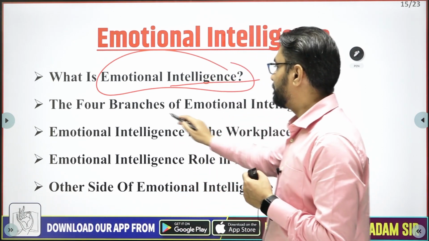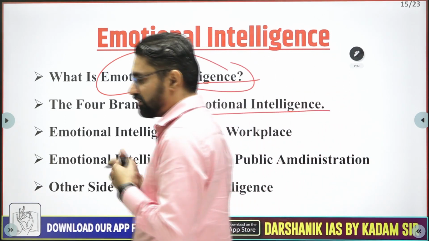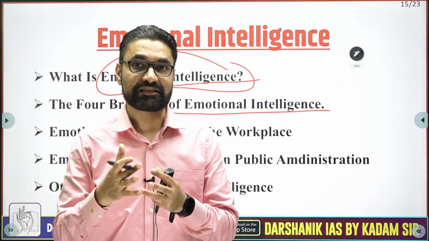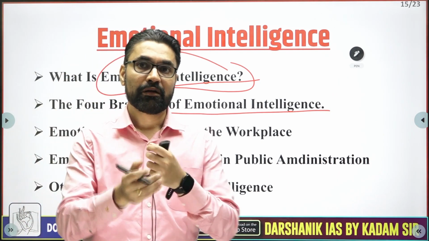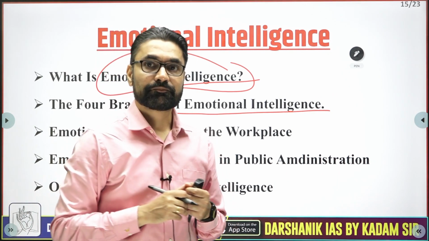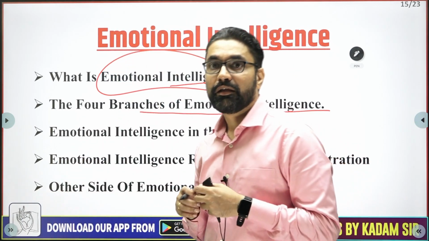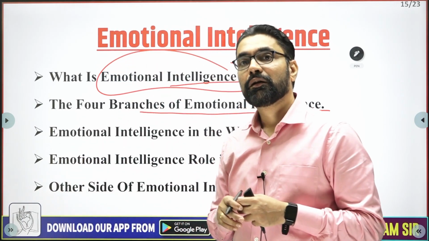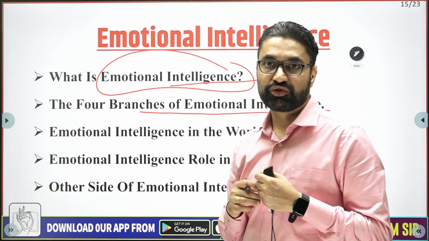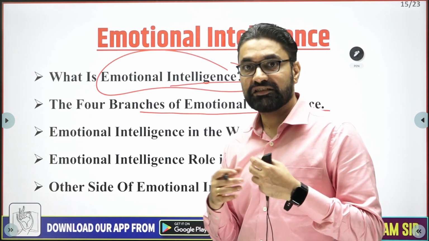Then we'll discuss the 4 branches of emotional intelligence. Under it there are 4 branches or processes that you have to deploy to be emotionally intelligent. First is emotional perception, that is, reading your own emotions. Then understanding the emotions, why you are having these emotions.